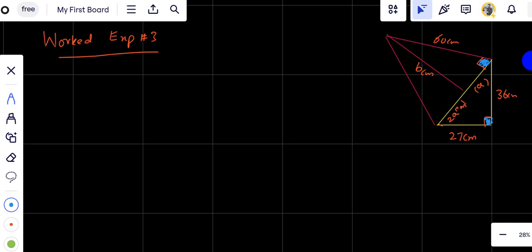But in this red triangle, we have this line which divides this. So what we need to do in this triangle, we have two unknowns here, a and b, as all sides are given now. So this is 36, this is 27, this is 60 centimeters. So we have two unknown variables from the figure.